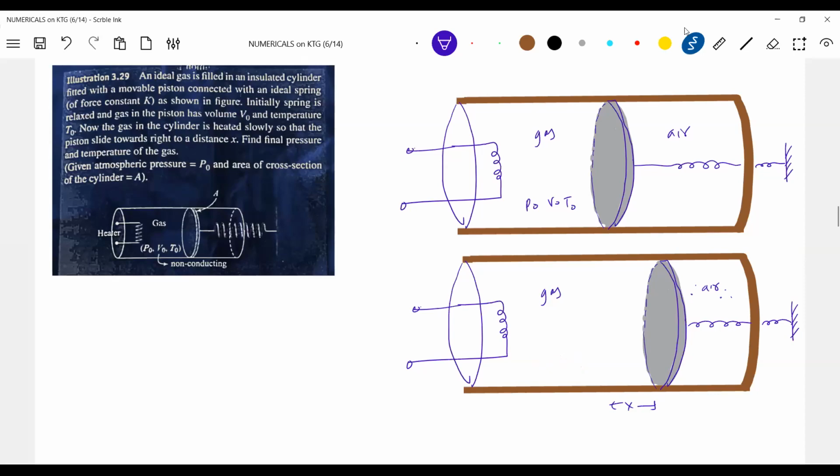Earlier, what was the pressure? Initially the spring is relaxed. What are the forces here? P naught A on this side, P naught A. Then the spring is compressed. What is the state of the spring?